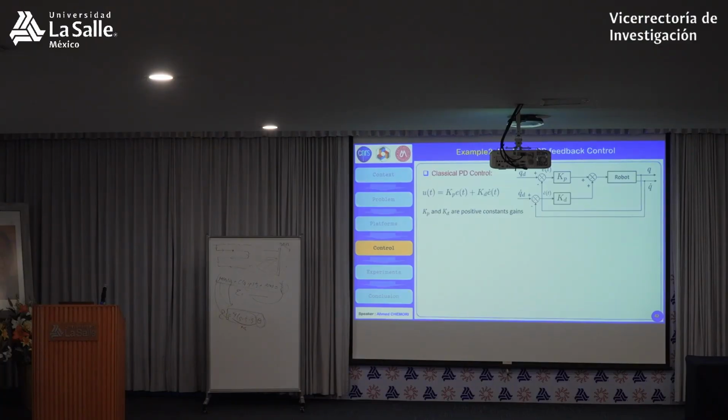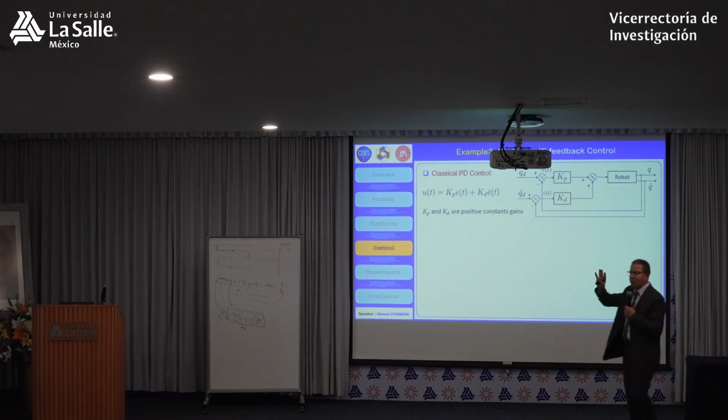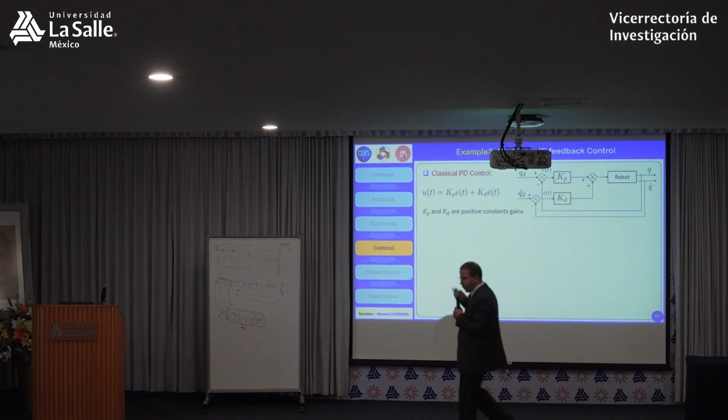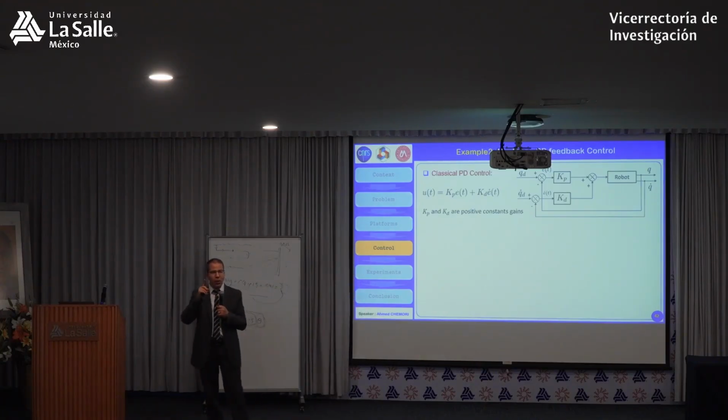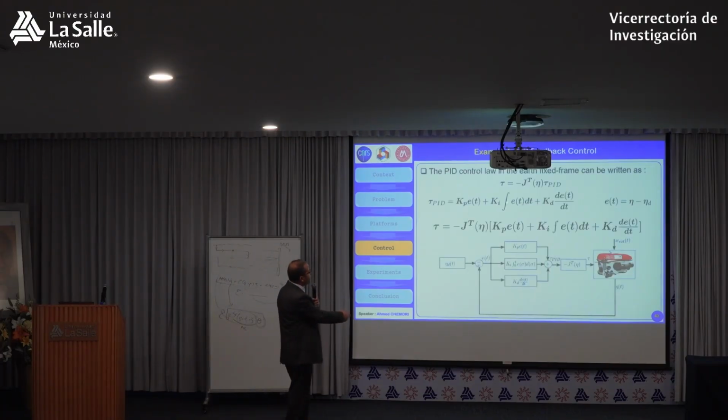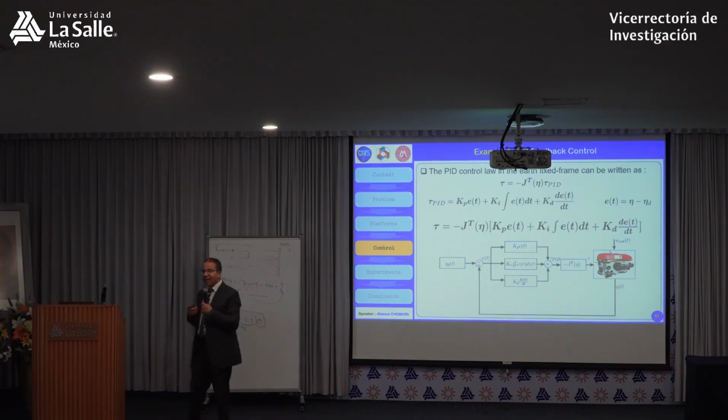The second controller that I want to show you, this is general. It can be applied to any system. It's not specific to underwater vehicles. But I want to show you this one because maybe most of you here, you know PID, but you don't know nonlinear PID. So PID has three gains here, Kp, Ki, and Kd, and all of them are constants. So you can design a nonlinear PID where the gains are time varying.